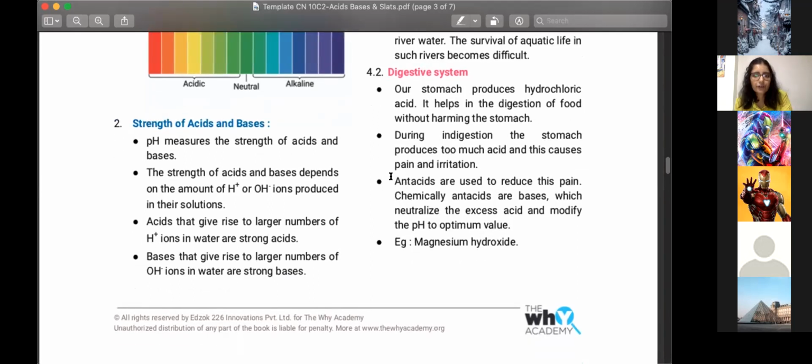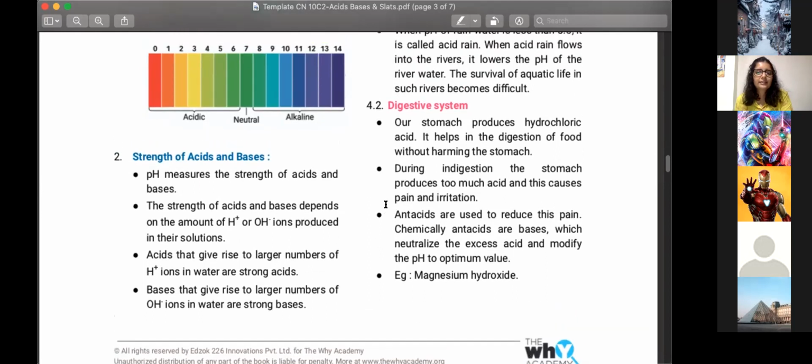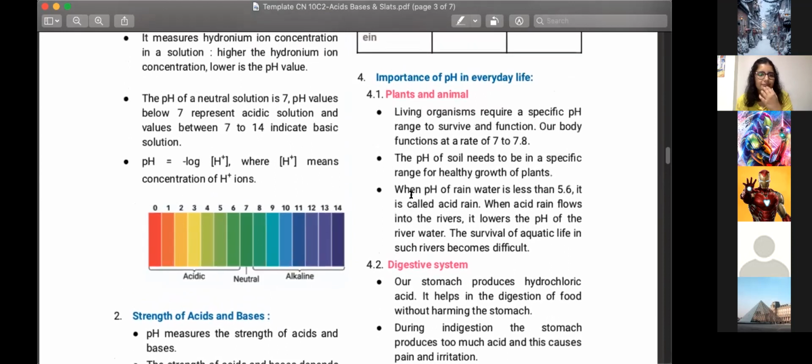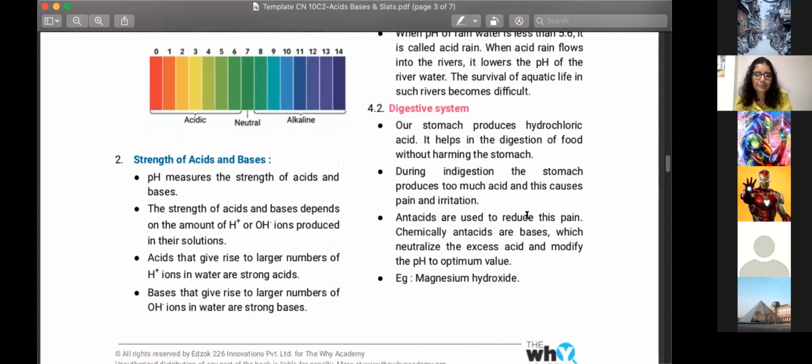So the cure for this is antacids. What do you think is the nature of antacids? They're basic in nature, so they can neutralize the reaction. Absolutely, yes. So antacids are basic. It's mostly magnesium hydroxide, right? Magnesium hydroxide used to be used in the olden days. Now, of course, the formulas have become a little more sophisticated.